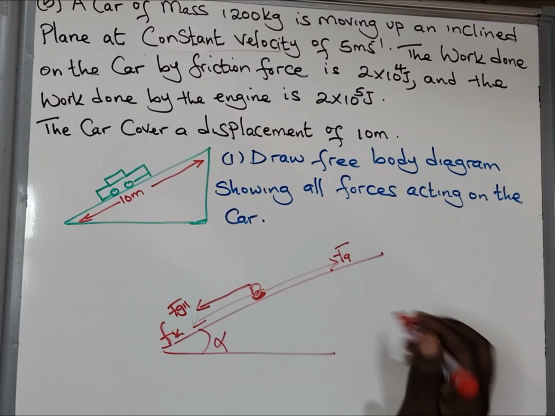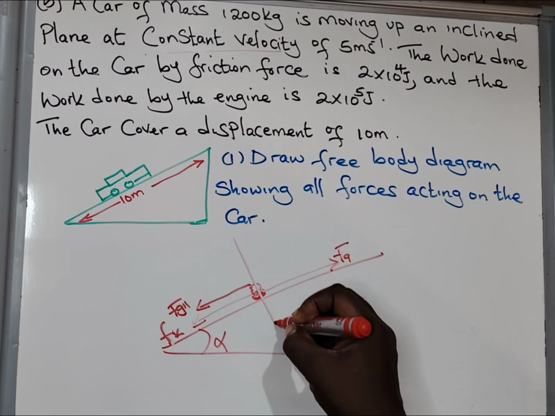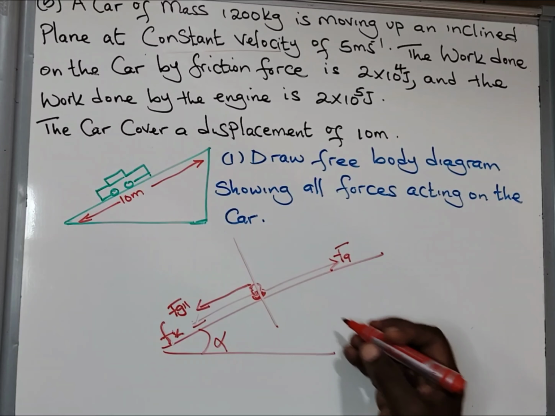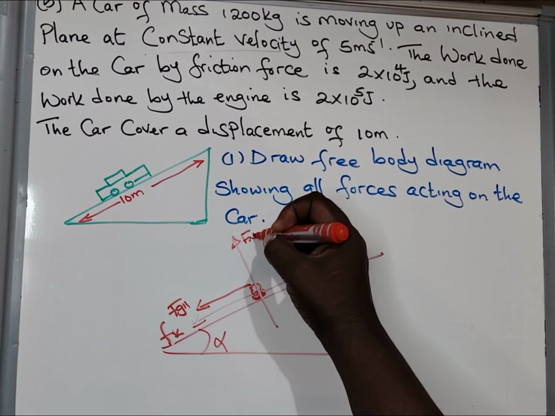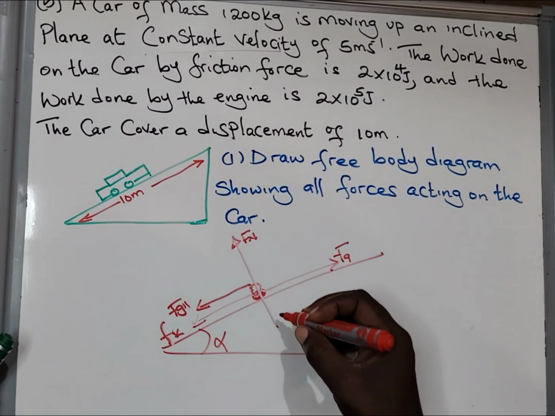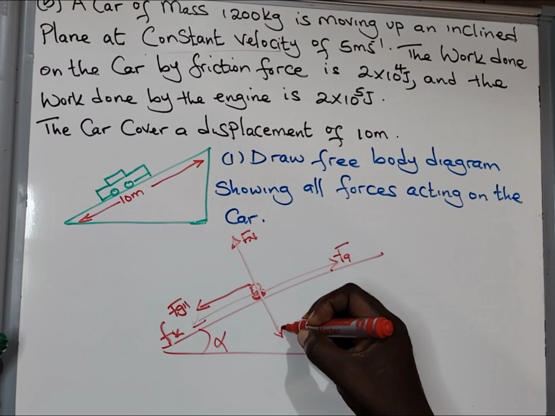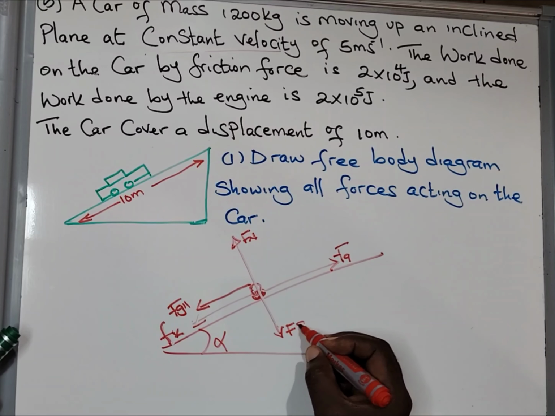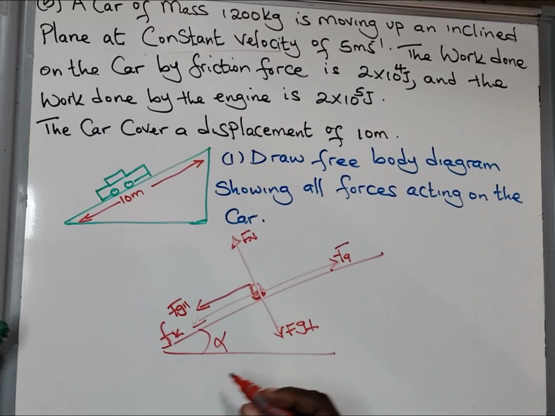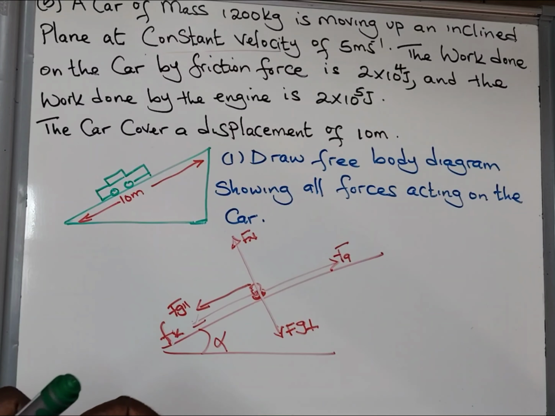What other force do we know? The car is sitting on the ground, so there is a normal force. And we have our FG perpendicular, the perpendicular component of gravitational force. So these are the forces which are acting on the car.